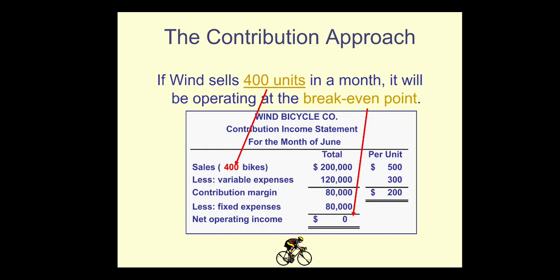At that point, you do not make any profit, and at the same time you do not make any loss. Most of the time, when businessmen run a business, the first thing that they want to achieve is the break-even point. They are happy because at the break-even point there is no loss. The businessman does not make any loss, and after the break-even point, the business starts to make profit. Okay, I hope you understand about this.